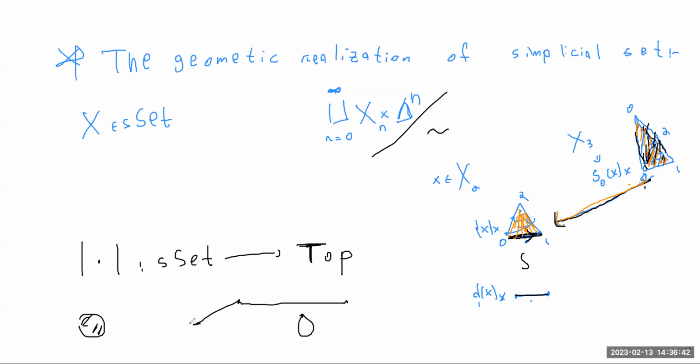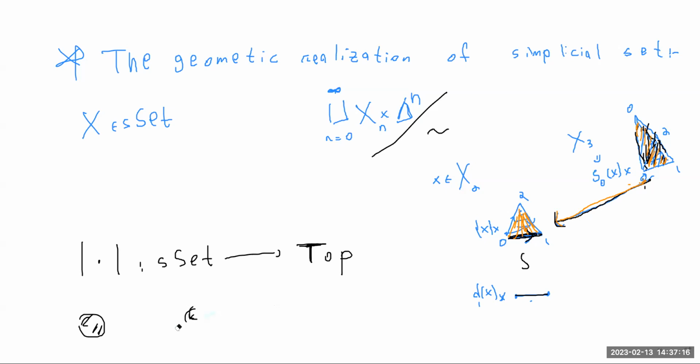Then maybe I glue this with the points and get a sphere, and maybe I glue in a disk here and make it contractible. A CW complex is something that I can build, where there is a rule for how to build it. It's like in group theory, with free groups: something where we know how it's built.